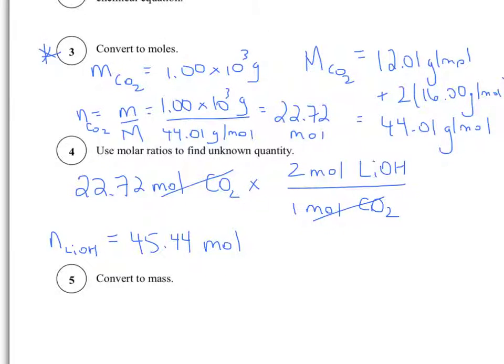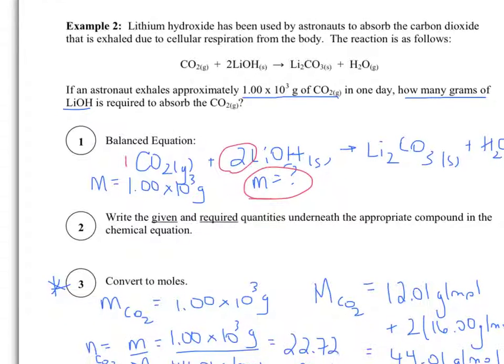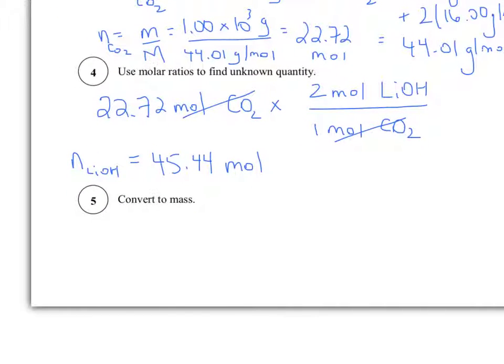Now the question asked us to find the mass of LiOH. So now I convert to mass using the same formula, but I rearrange. So now mass will equal moles times molar mass, and we're looking for mass of LiOH. So moles is 45.44 moles.